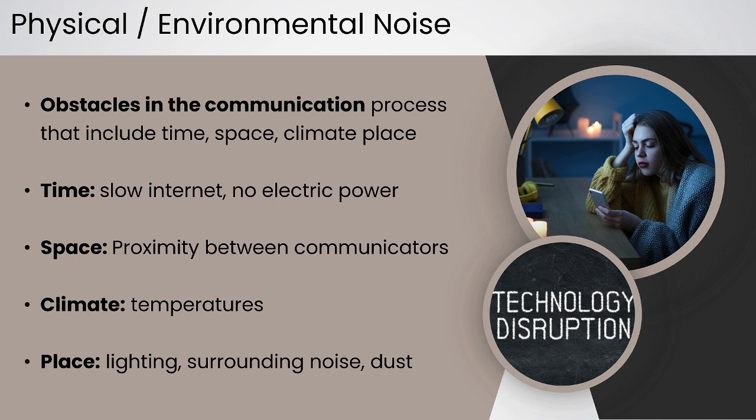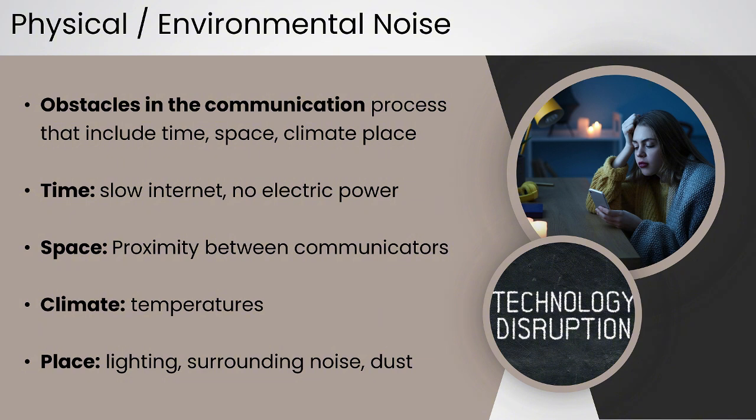For instance, you want to write and you are very cold, your hands are freezing. Or you are speaking to some community members and it is very hot, and others are dozing as you are trying to relay a very important message, because of the temperature.